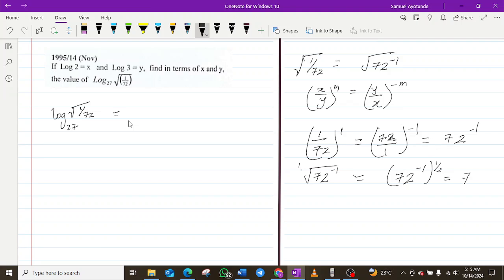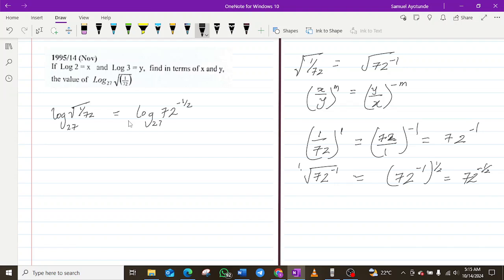So that is 72 to the power of minus 1 over 2. Instead of the square root of 72, I'll write 72 to the power of minus 1 over 2.